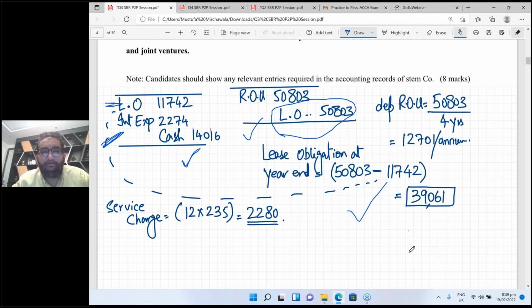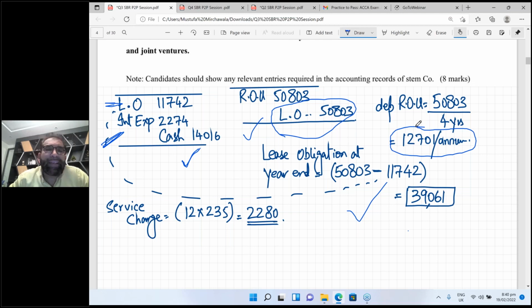Okay, so almost the whole story is here. One thing I have not written, I'll show you that working as well. Just tell me, my dear students, what was the ROU on day one? The ROU was 50803. And by the end of the year, the ROU is depreciated by how much? 12701.